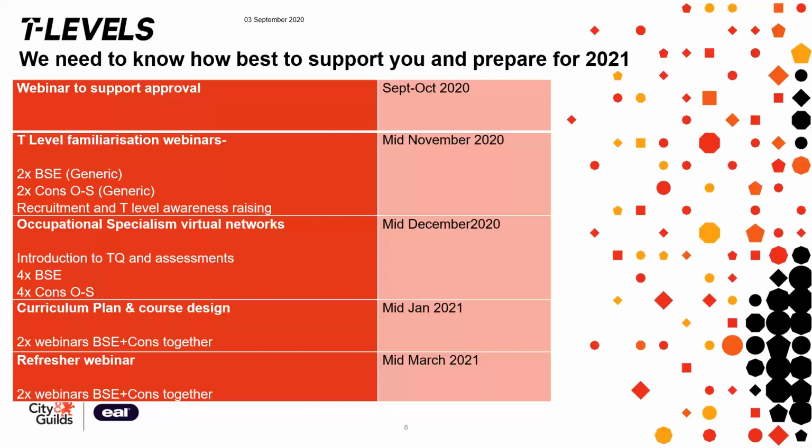So they will be different for the two T-levels, but everybody within on-site will sit the same employer set project, and everybody within the services industry will sit the same employer set project. That's being finalised now for submission.